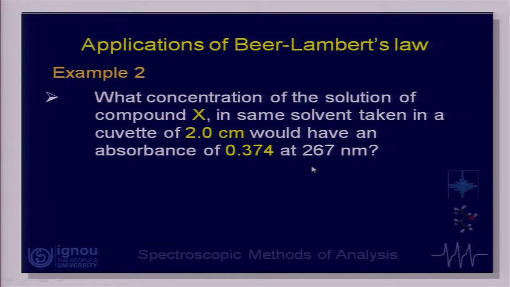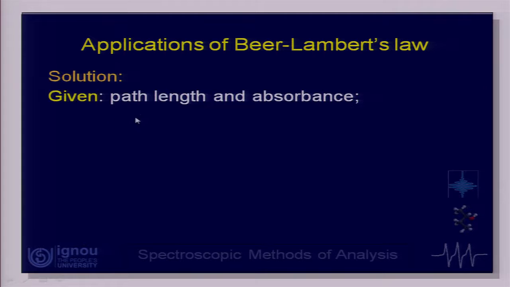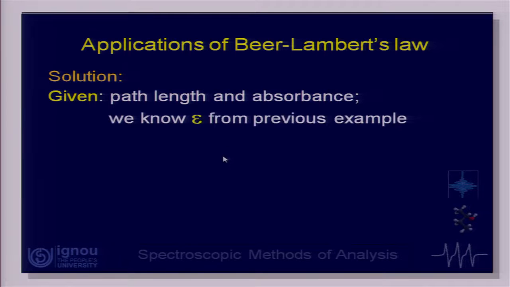In this case, I have been given path length to be 2 centimeter and absorbance also is given to me. And we know from the previous example number 1 what the epsilon value is, which we computed in the first example. So, again we have 3 knowns: the path length, absorbance, and epsilon.